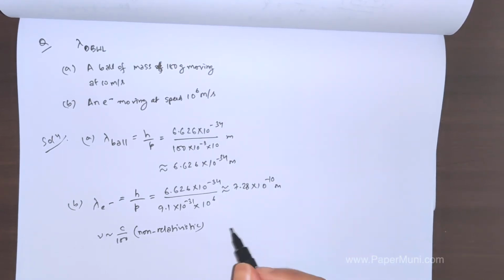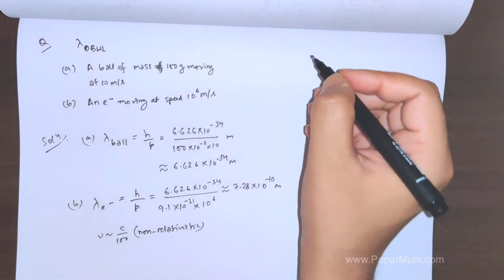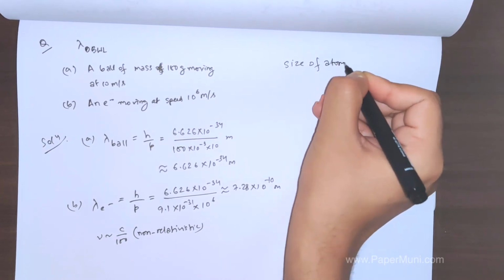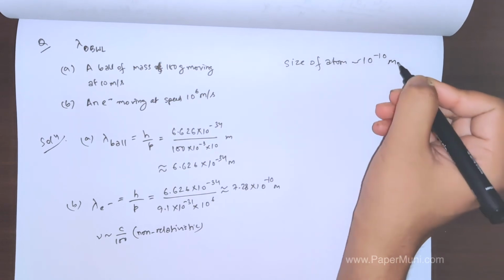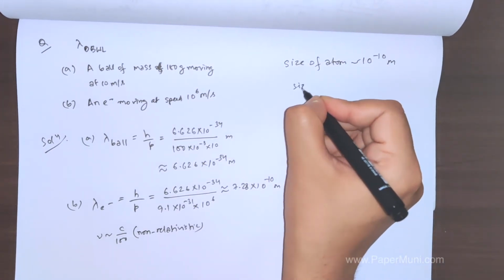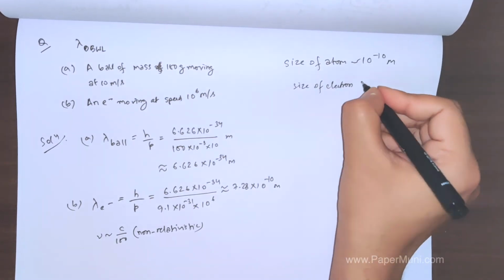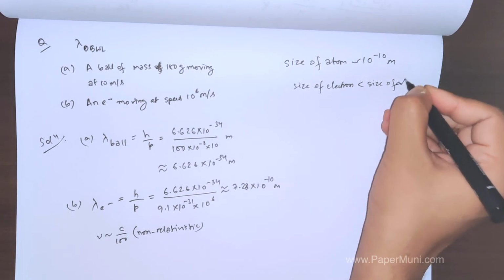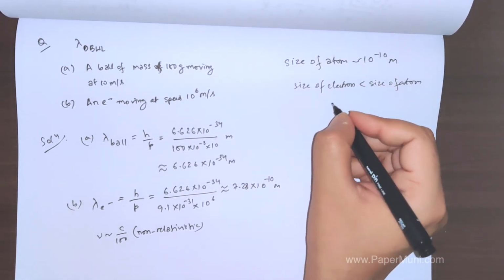So what we can conclude from here, now this is for the electron. We know that the size of an atom is of the order of 10 to the power minus 10 meter. Now the size of the electron is very small compared to that, of course it's lesser than the size of the atom, it has to be, because the atom contains the electron, not the other way around.